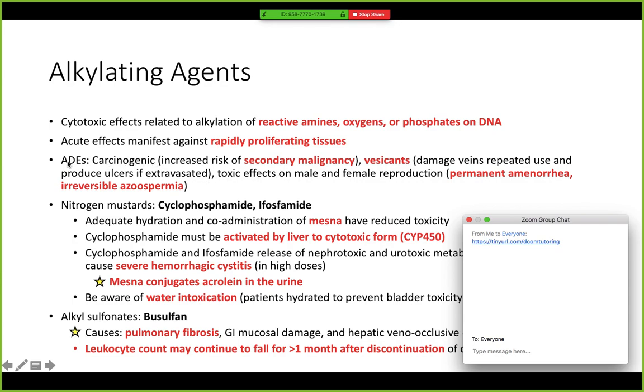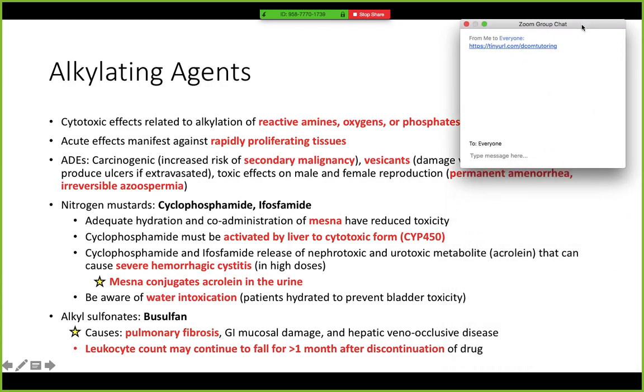So big adverse effects here would be a risk of secondary malignancy, which is true with a lot of your cytotoxics, the fact that they act as vesicants, and then the risk of toxic effects on both male and female reproduction. So two examples would be permanent amenorrhea or irreversible azoospermia.